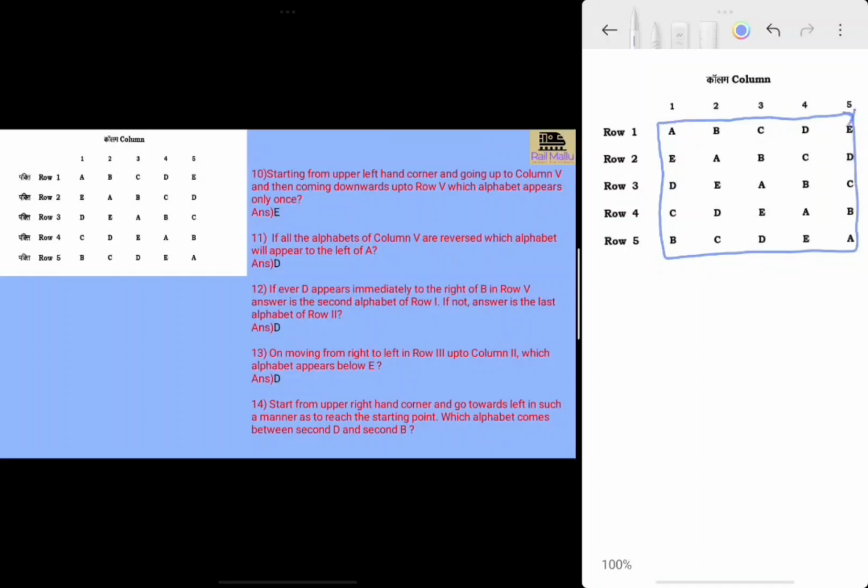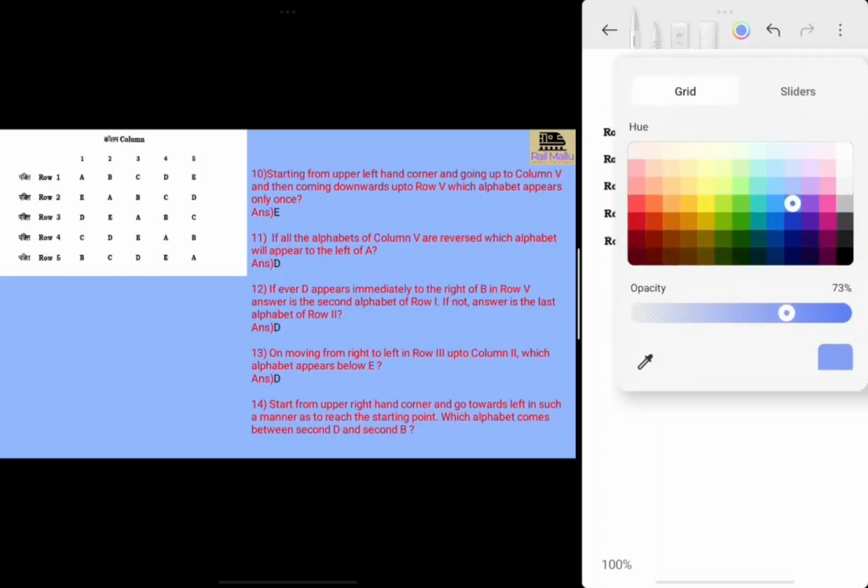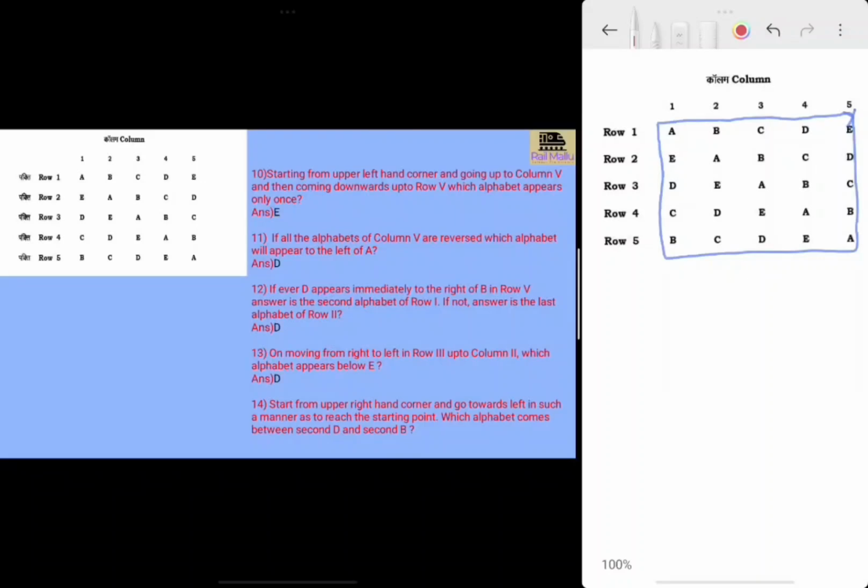We have to make a circuit here, and the question is, which alphabet comes between second D and second B in the traversed path? So here the second D is this one, and the second B is this one. So the answer will be C.